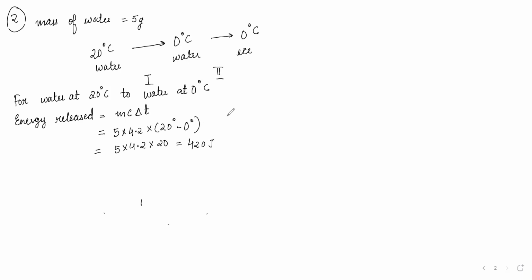Since C has been given to me as 4.2 joule per gram per Kelvin, this is what you are going to write. And then maybe we can change the color.